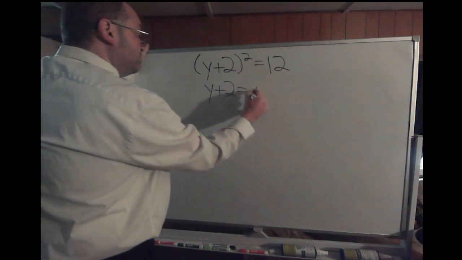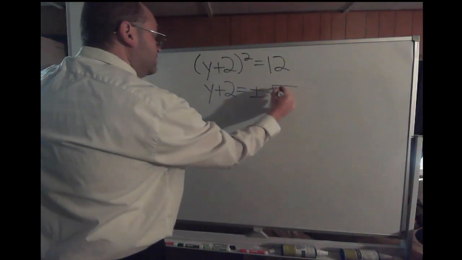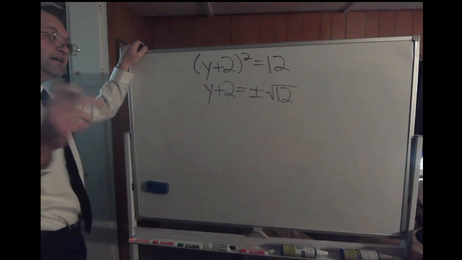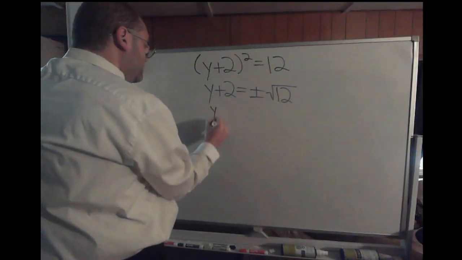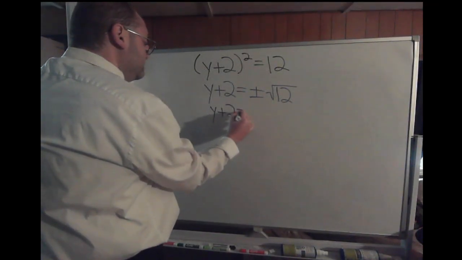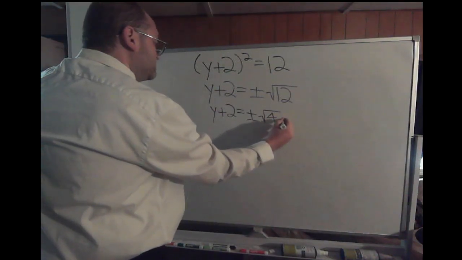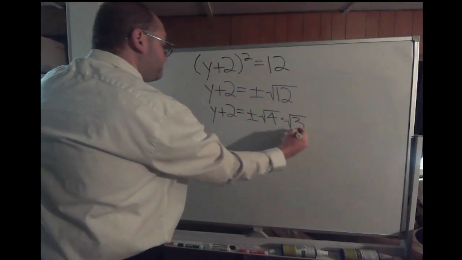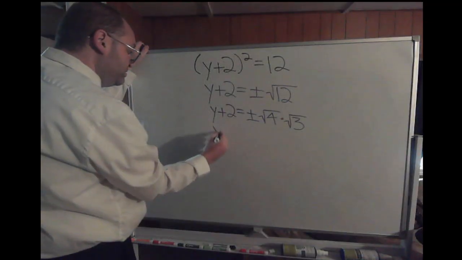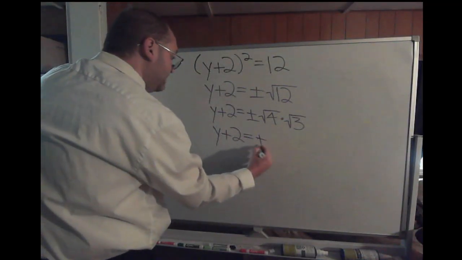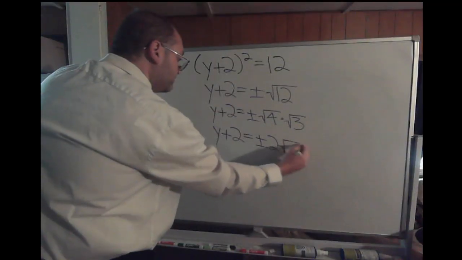That would be equal to plus and minus the square root of 12. We know the square root of 12 has at least one factor that's a perfect square. You'll get y plus 2 is equal to plus and minus the square root of 4 times the square root of 3, and the square root of 4 is 2. So y plus 2 is equal to plus and minus 2 times the square root of 3.